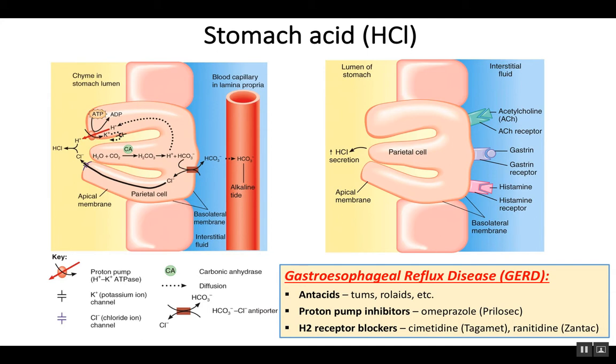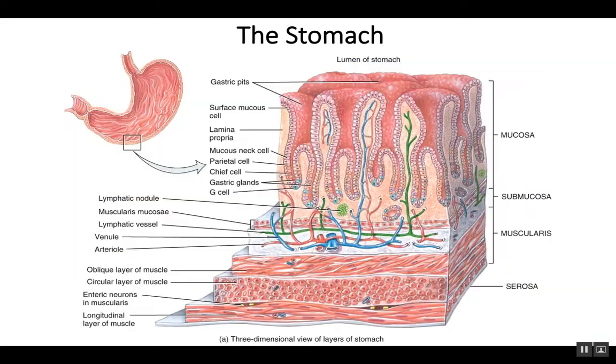There's also things like mint that can actually make stomach acid worse. You can make sure that you're standing upright after a meal. If you lay down, that lack of the gravity keeping the acid in the stomach. But these are very common medications used to treat heartburn or GERD.